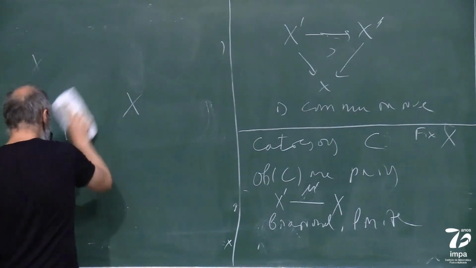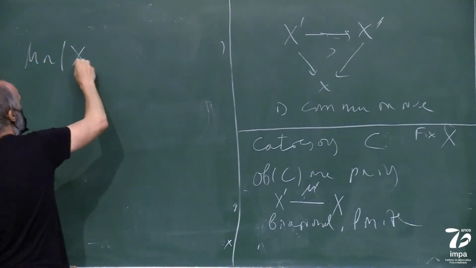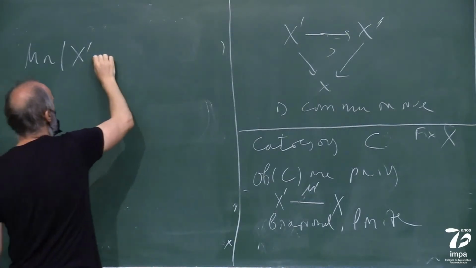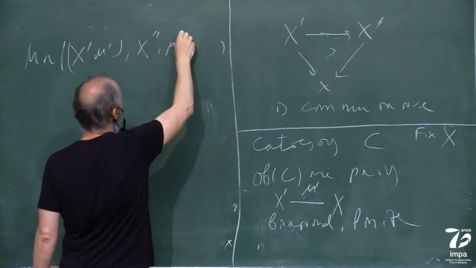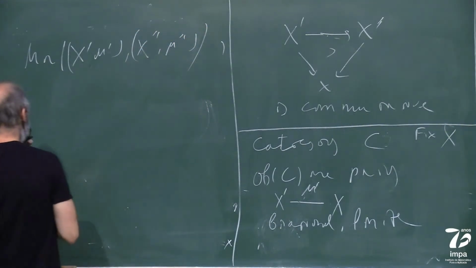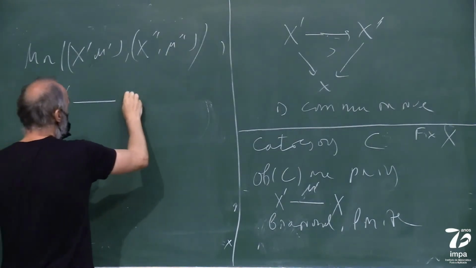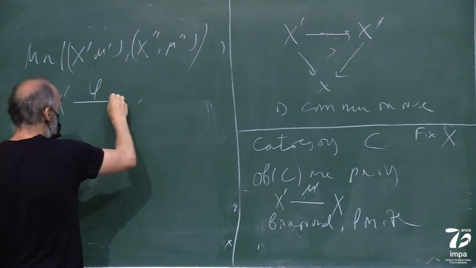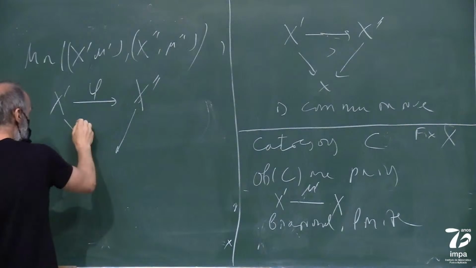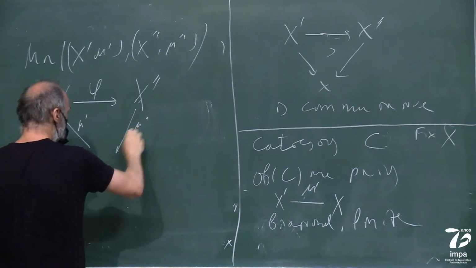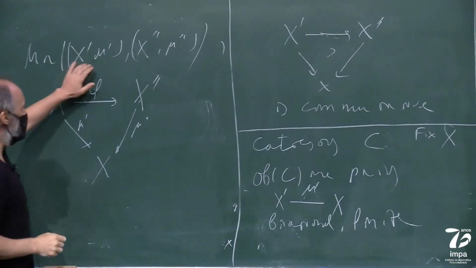And morphisms in that category from x prime, mu prime to x double prime, mu double prime are commutative diagrams. You have x prime, using phi you go to x double prime, and these are your maps mu prime and mu double prime to x. This is morphisms from this to that.